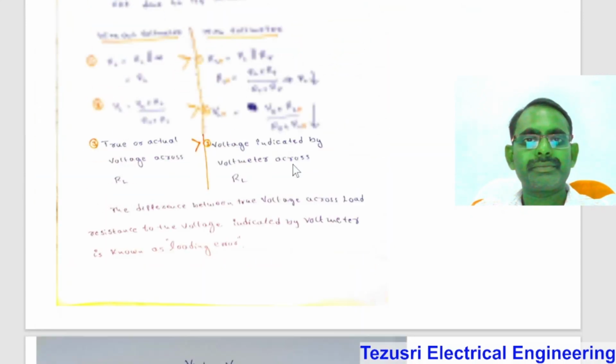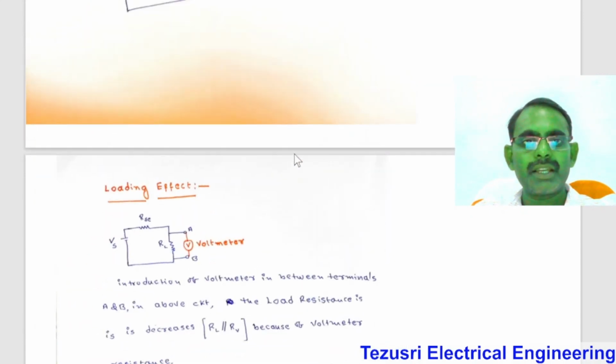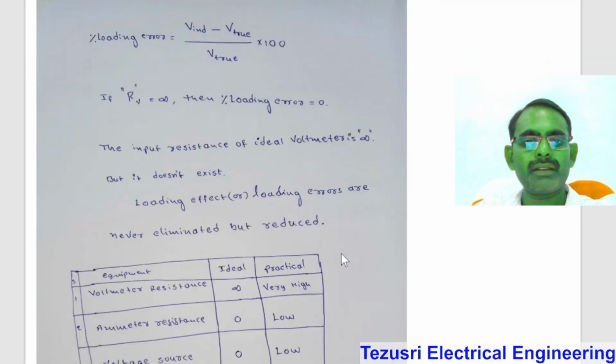If the resistance of this voltmeter is infinite, then the basic instrument resistance does not affect the true load of the circuit. Then the percentage loading error becomes 0.